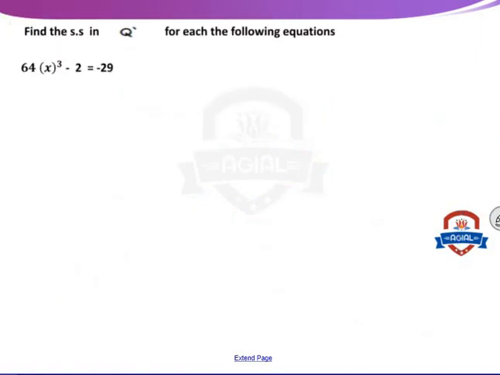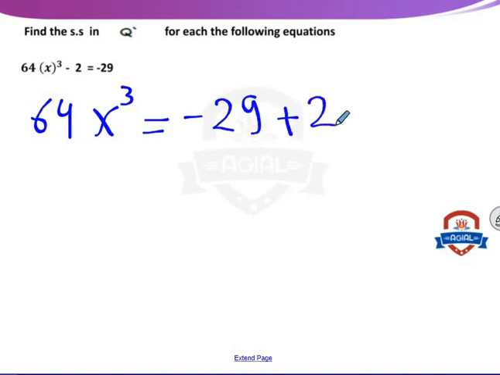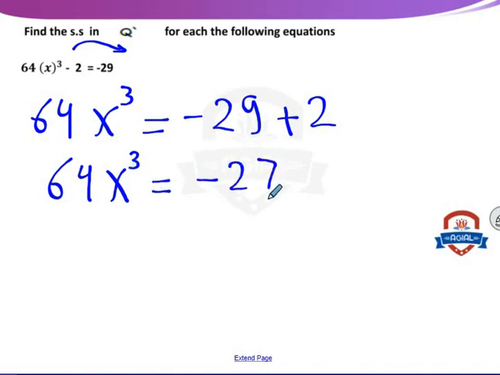The next question, find the solution set in Q dash for each of the following equations. 64x to the power of 3 minus 2 equal to minus 29. So here we have 64x to the power of 3 equal minus 29, positive 2 here. We make minus 2, the right side will be positive 2. 64x to the power of 3 equals minus 27.